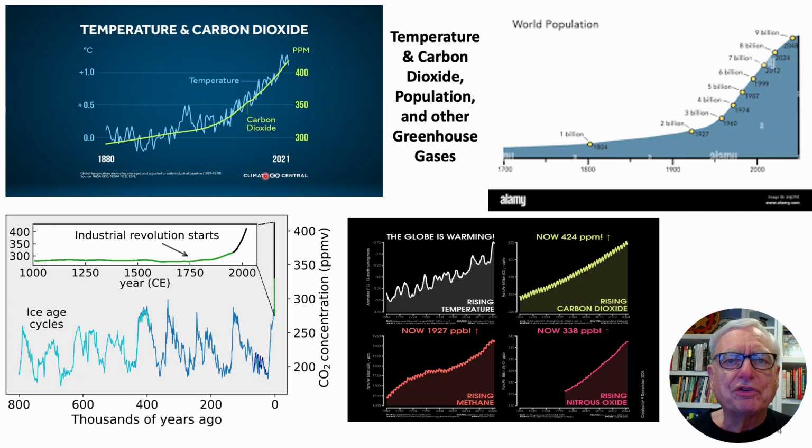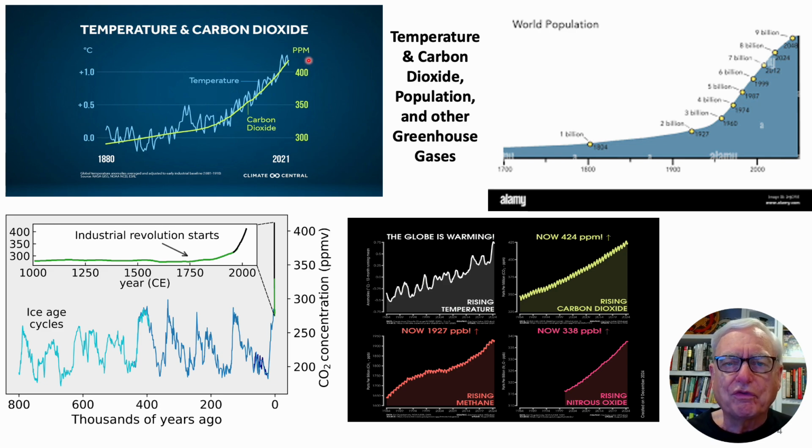Now, this graph is a very interesting and important graph. It shows the amount of carbon dioxide particles in the atmosphere. You can see this graph goes back to about 1880, close to the beginning of the Industrial Revolution. And at that time, we had under 300 parts per million of carbon dioxide in the atmosphere.